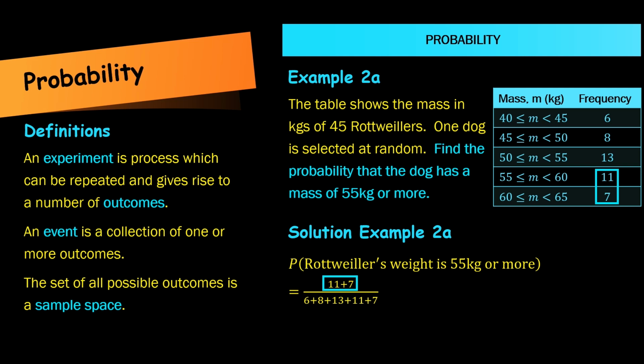So we add those two values together, 11 plus 7 as shown, and divide that by the total number of dogs altogether to give us 18 out of 45. And cancelling the 9s, top and bottom, gives us 2 over 5.